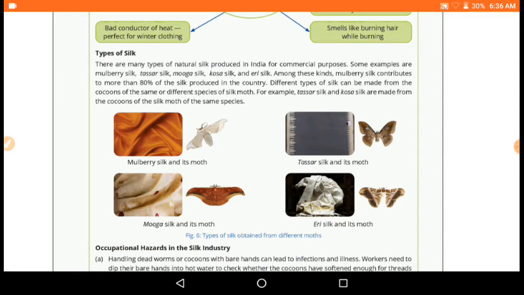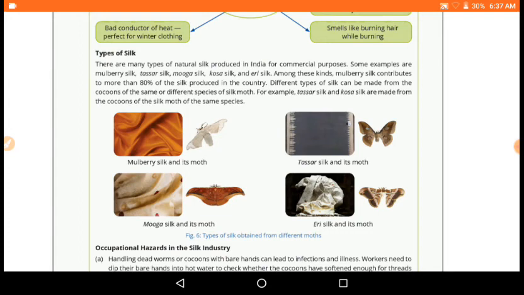For example, tussar silk and kosa silk are made from the cocoons of silk moths of the same species. Remember the names, and that 80% of silk in our country is given by mulberry silk.